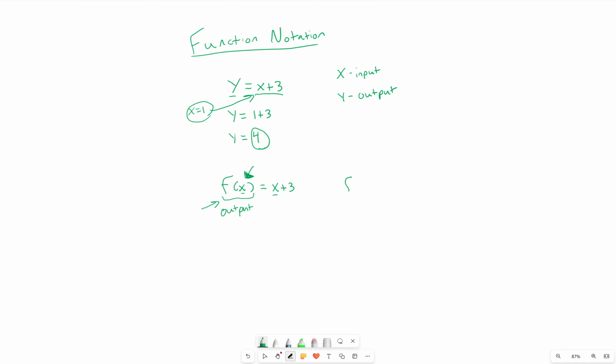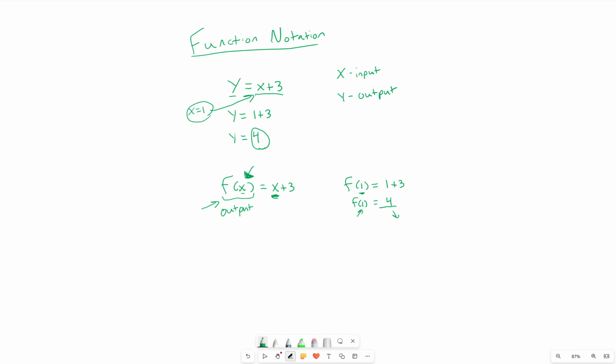For example, f of 1 equals, wherever I saw an x in the beginning over here, now I plug in 1, equals 1 plus 3. That equals 4. So I plugged in 1 for x, I got an output of 4.